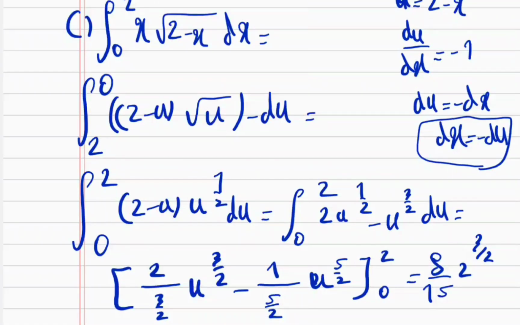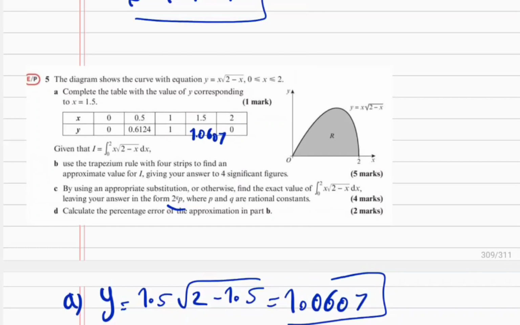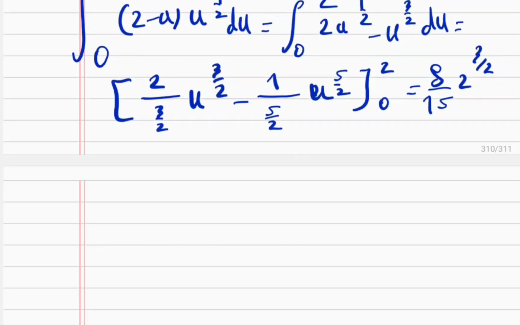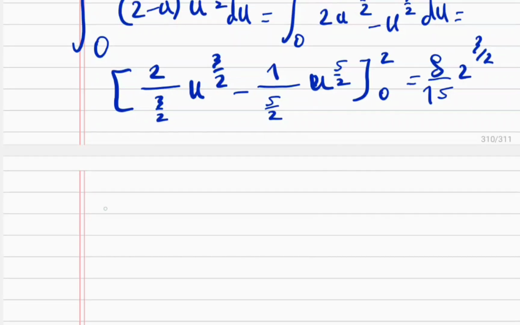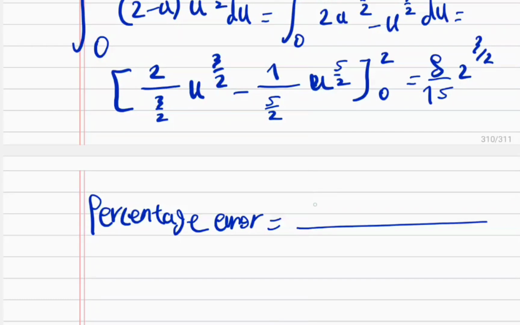Finally, for the last part, we calculate the percentage error of the approximation in part B. Essentially, we use the exact value and the approximation, find the difference between the two values, and divide by the exact value.